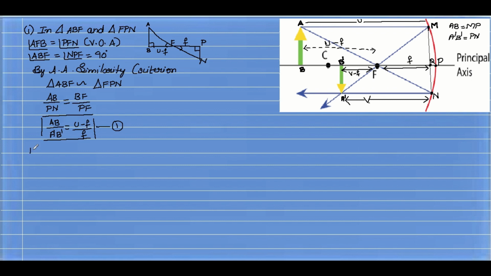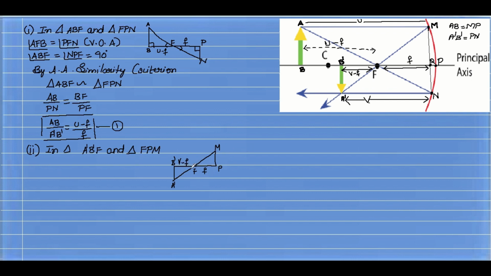So in triangle A dash B dash F and triangle FPM, these triangles are in this form: A dash, B dash, F and P, and this is M. So this will be F, and B dash F is V minus F. So these are the distances.